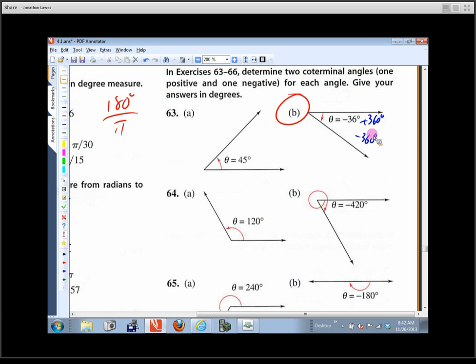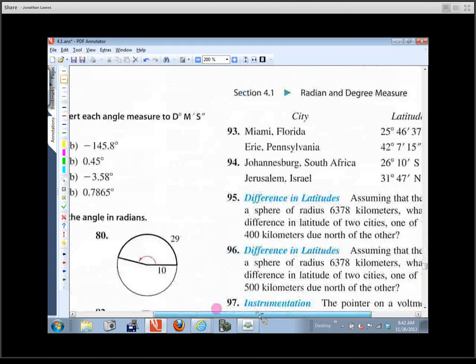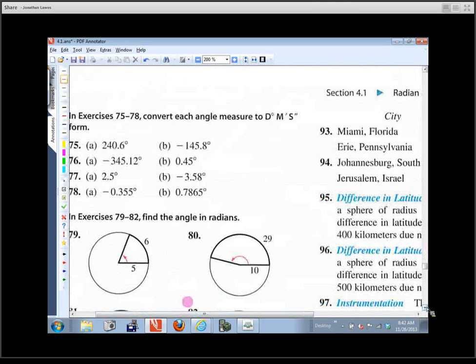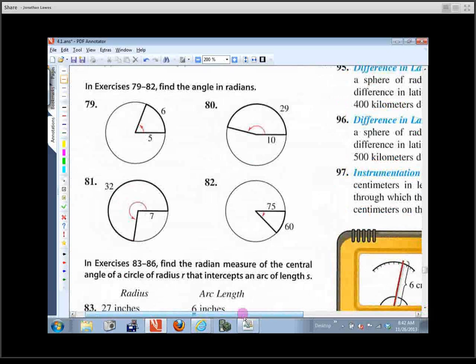All right? Okay, let's flip ahead to problem number 80 and 82. Okay, look at the instructions there. It says find the angle in radians. Okay, first of all, is this positive or negative right here?